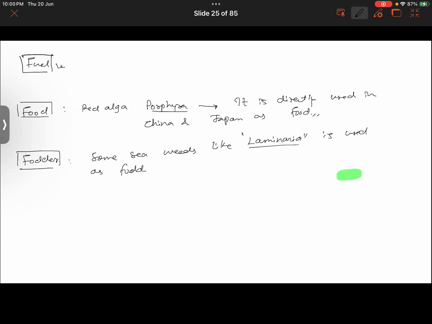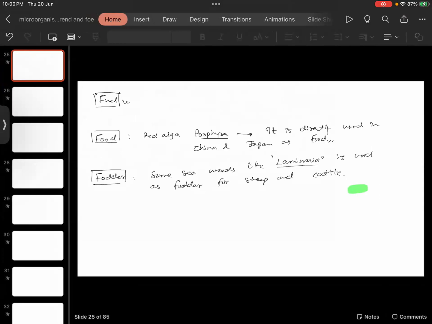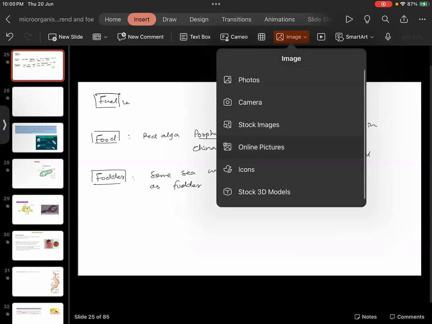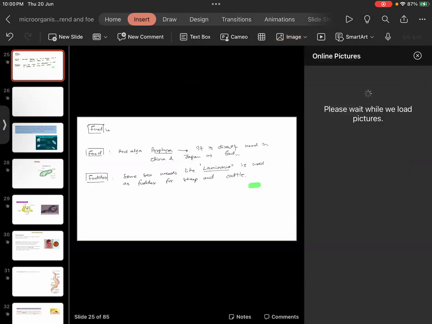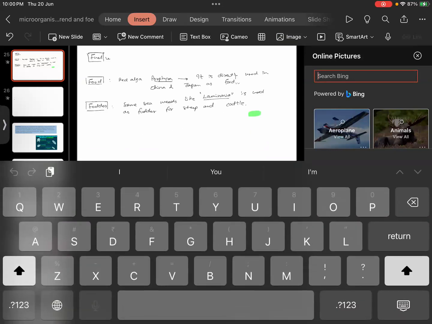You guys understand what fodder is, right? No, sir. Fodder is basically the food that you provide to cattle, to herbivorous animals. The food of cattle, sheep, and goats. That is what fodder is.